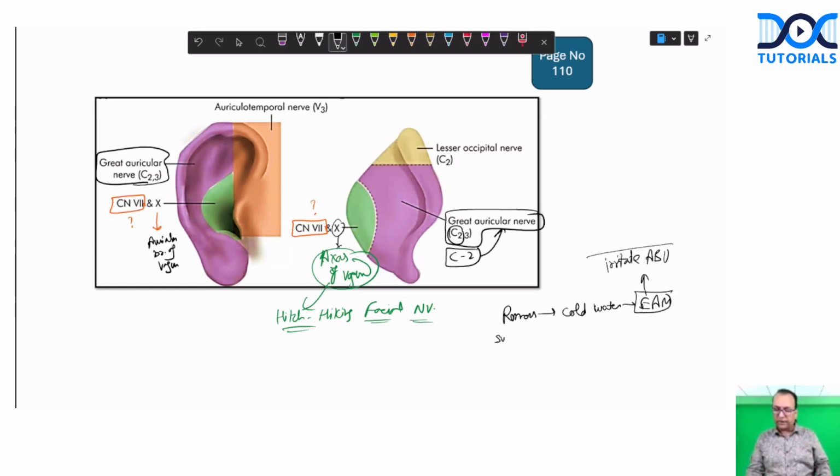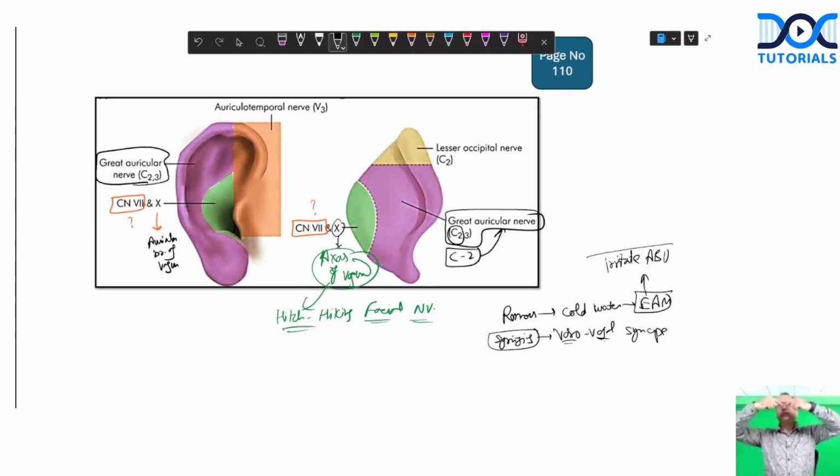In recent times, you do syringing, and in syringing, you can have vasovagal syncope. So why do you have vasovagal syncope? Because when you are syringing, maybe you irritated the vagus nerve. That information went to the CNS. The vagus nerve got irritated.